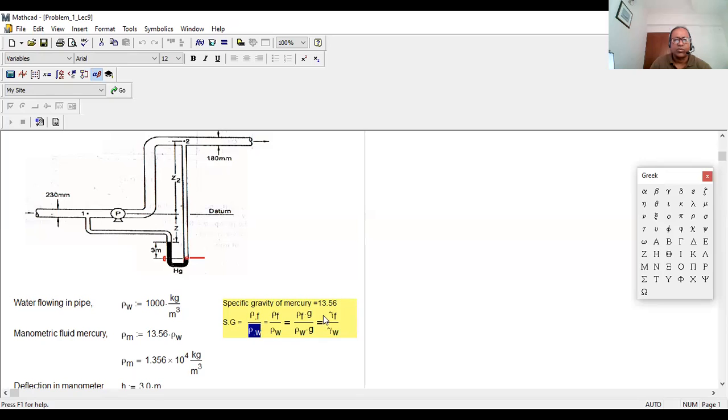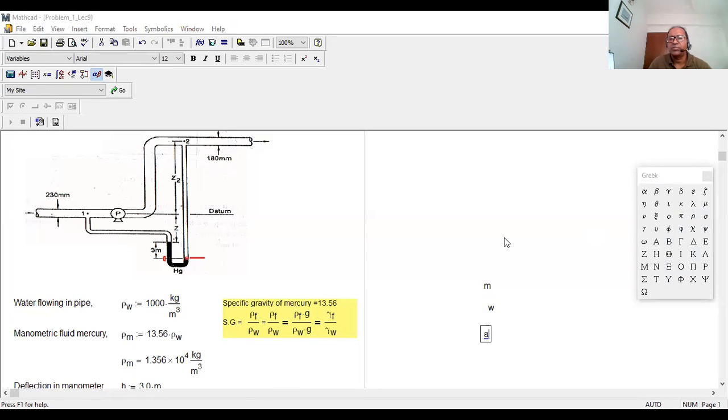If we multiply top and bottom by G, we get gamma F by gamma W. So just remember the specific gravity of mercury is 13.56. Normally, the data of mercury, water, and air will not be given in the problem. As a mechanical student in a fluid mechanics course, you need to remember these.